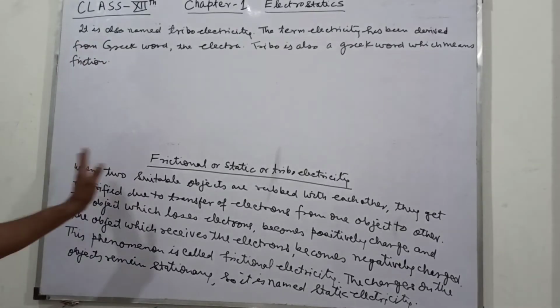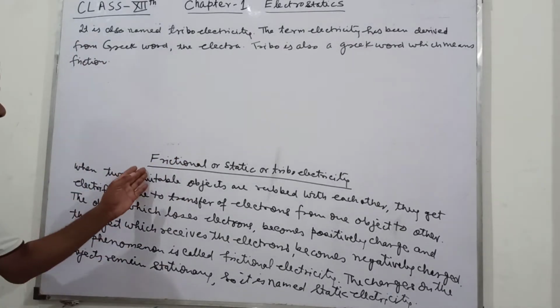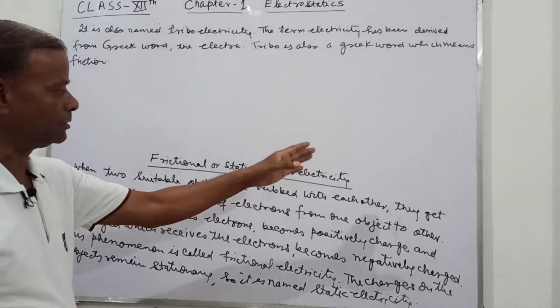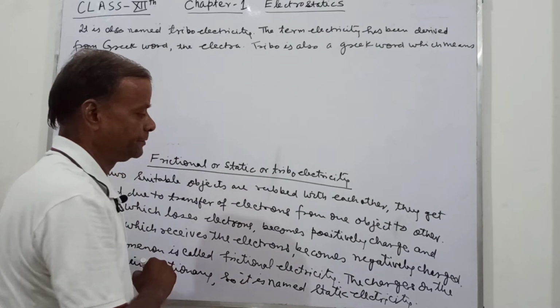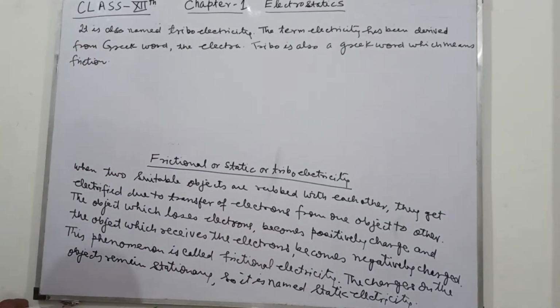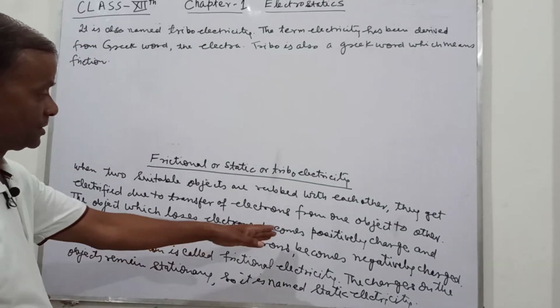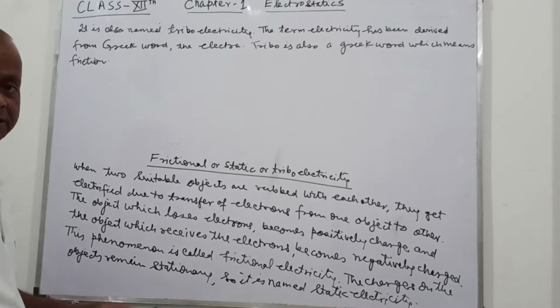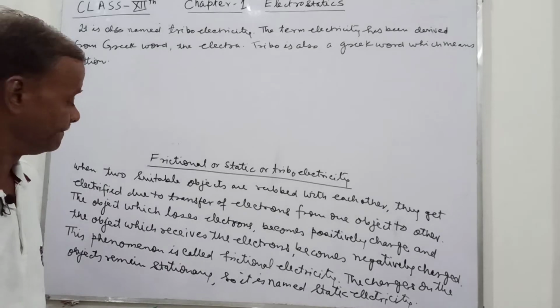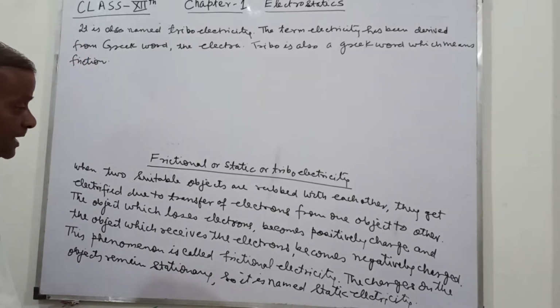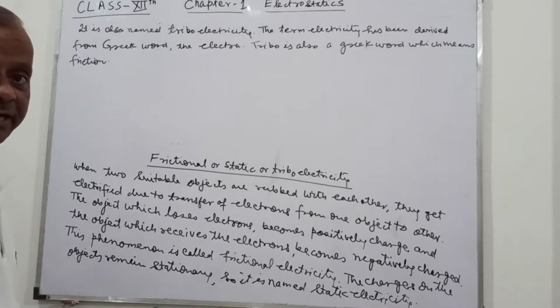So this whole phenomenon is called frictional, static, or triboelectricity. The body which loses the electrons becomes positively charged, and the body which receives these electrons becomes negatively charged. Thus the electricity so produced is called frictional electricity.